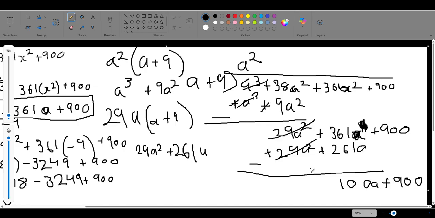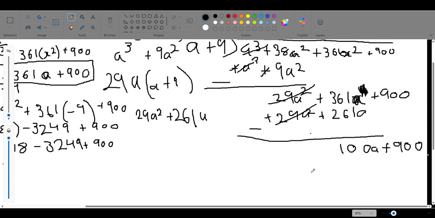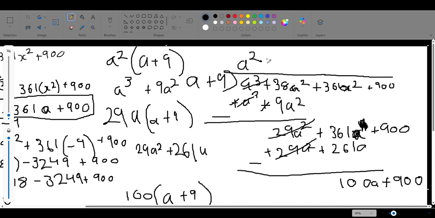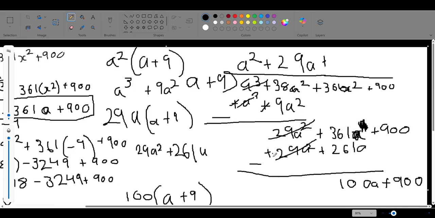Okay, then we need to find out what times a gives you 100a. And that'd be 100. So this would be 100 times a plus 9. And I forgot, the term up here would be 29a. That was for this one.